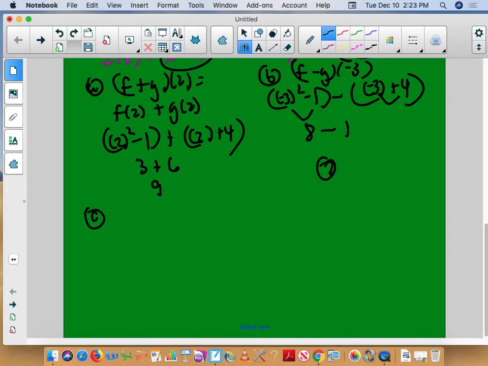So that negative's gotta be in parentheses. Well, first of all, I keep saying that negative's gotta be in parentheses. When you say x squared minus 1, you got negative 3 in parentheses. Negative 3, it's gotta be in parentheses.